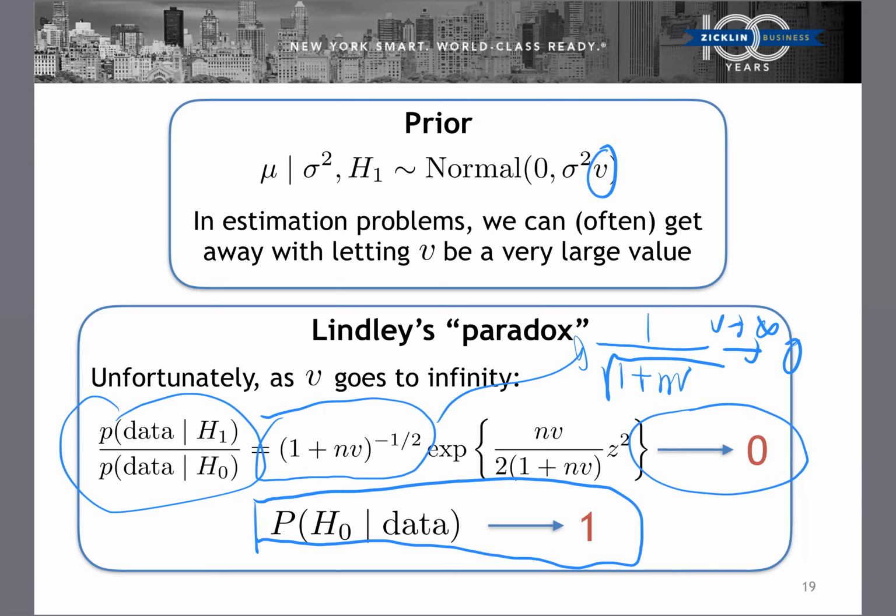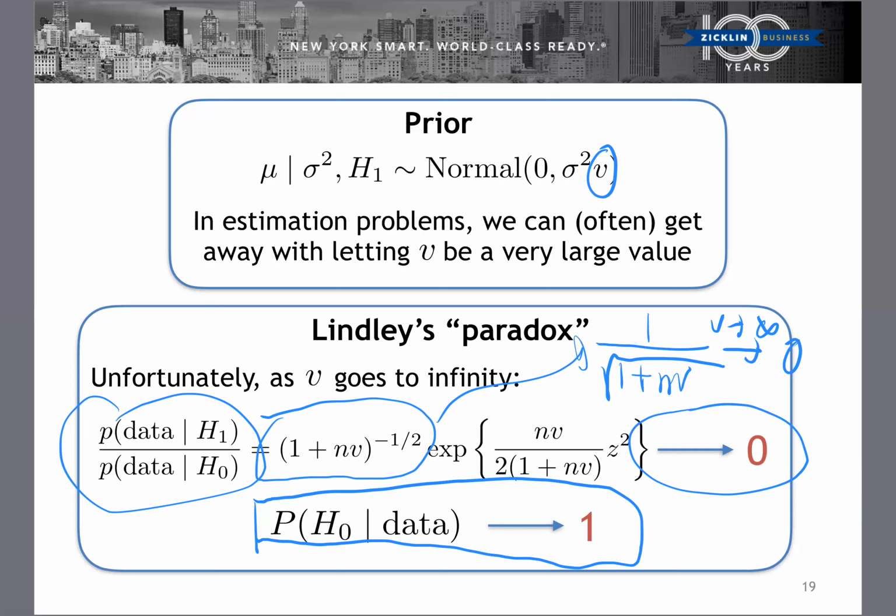This is problematic, because that means there's no point in doing testing at all. The null has probability 1, so there isn't really any uncertainty. You're 100% certain that the null is true. There's no room for doubt.